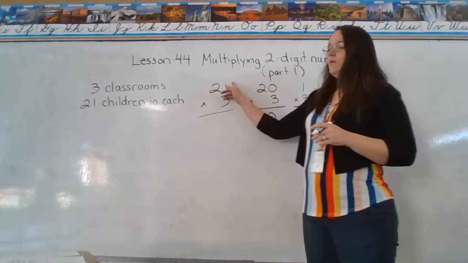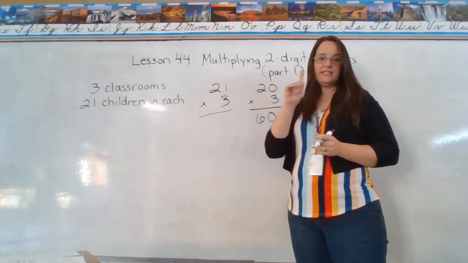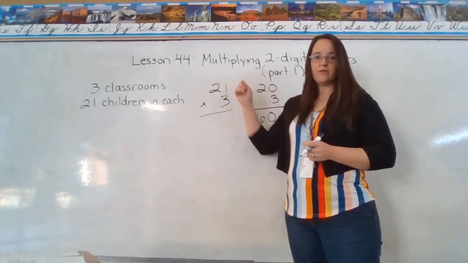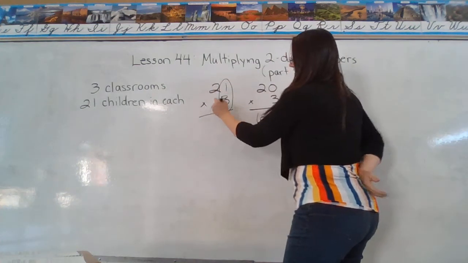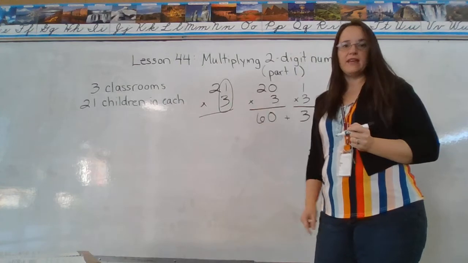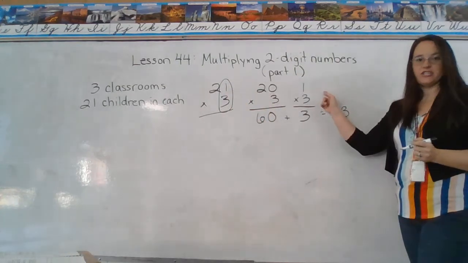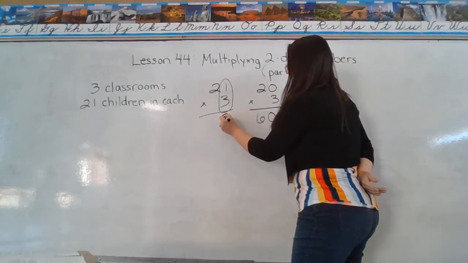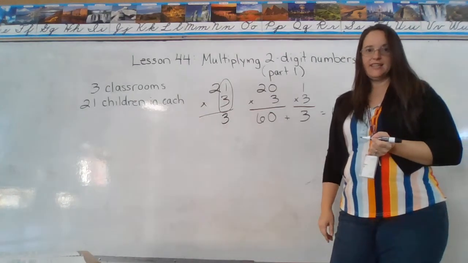So for multiplication of 2-digit numbers, we take it 1 digit at a time. And just like with addition and subtraction, we're going to start with the ones. So I'm going to start by looking at 1 and 3, and I'm going to do 1 times 3. Very much like what I did over here. 1 times 3 gives me 3. I write that number down in my ones place.